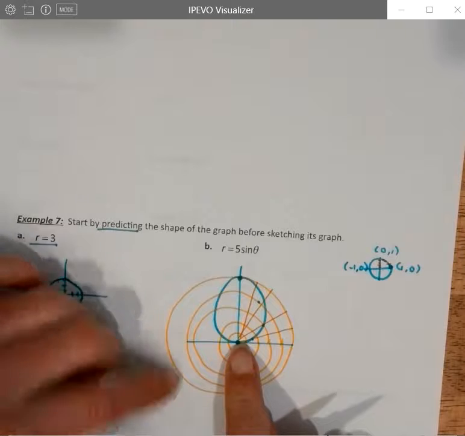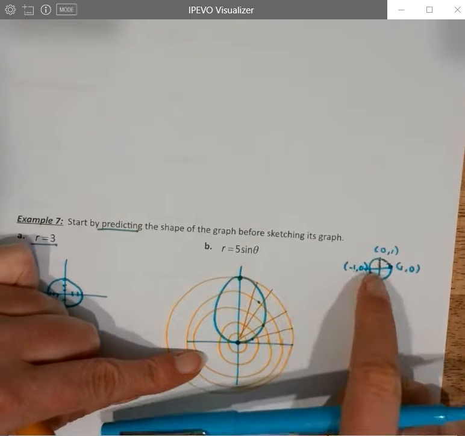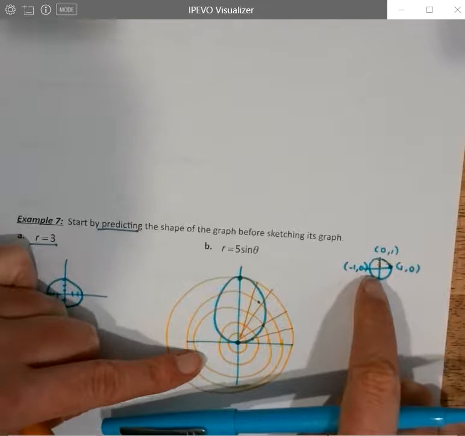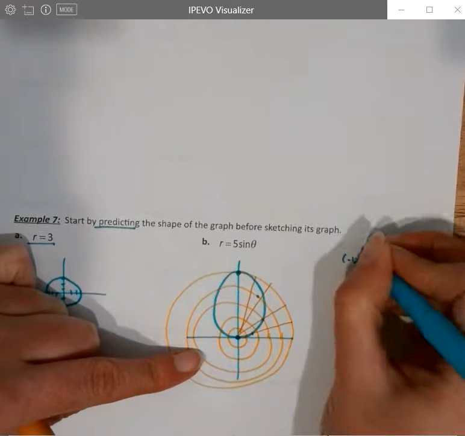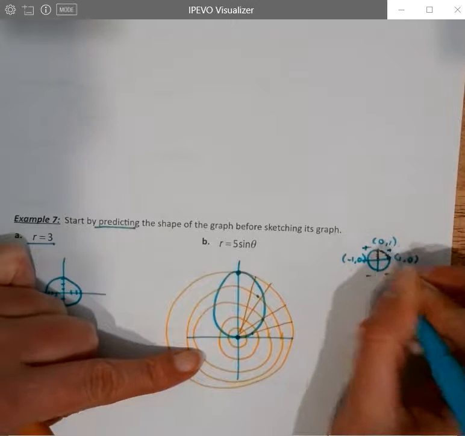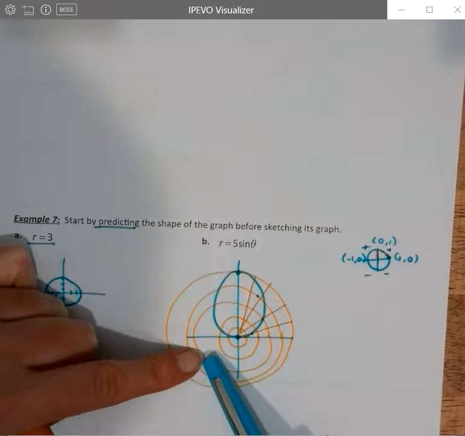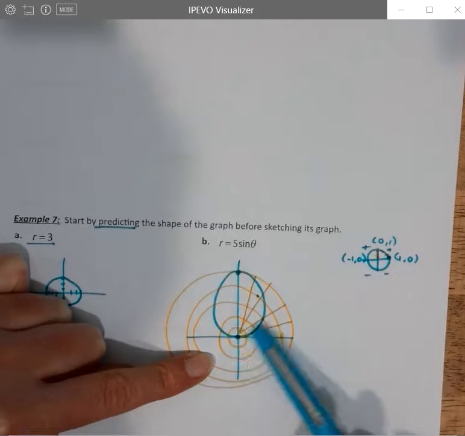Okay, so that deals with angles that rotate through the top half of the circle. What's going to happen down here? What's going to happen down here is that these are going to have negative outputs. Sine is positive on the top and it's negative on the bottom. So for my angles that are negative, my radius is going to be negative, and so it's going to flip them and go right back around.